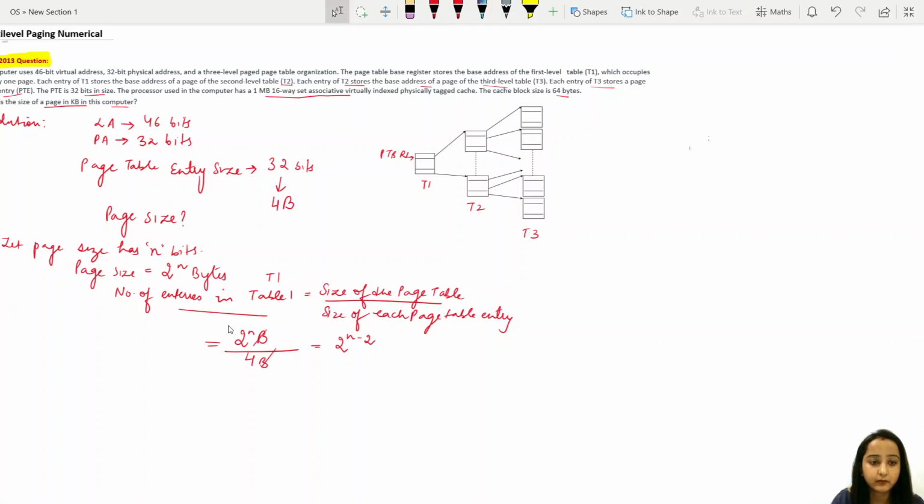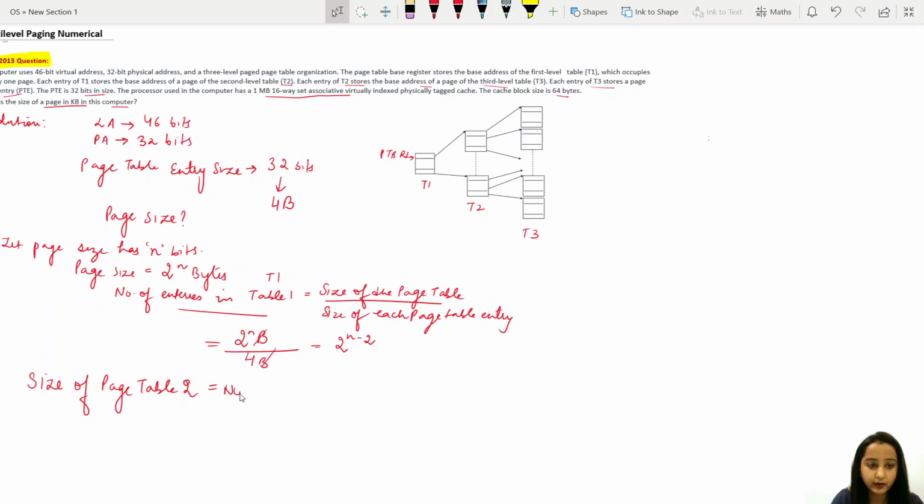So the number of entries in page table 1 is 2 raised to power n minus 2. Now let me calculate the size of page table 2, or T2.